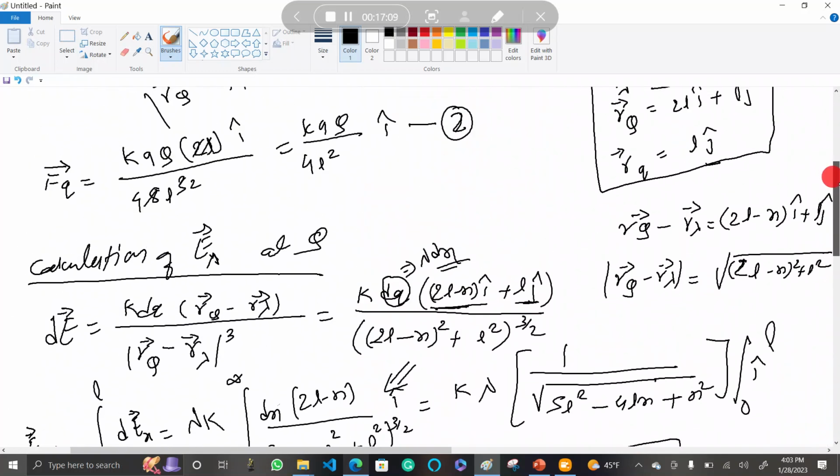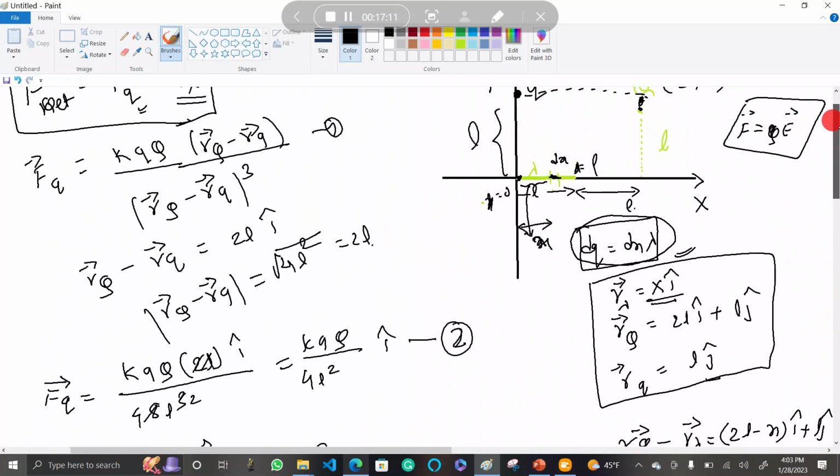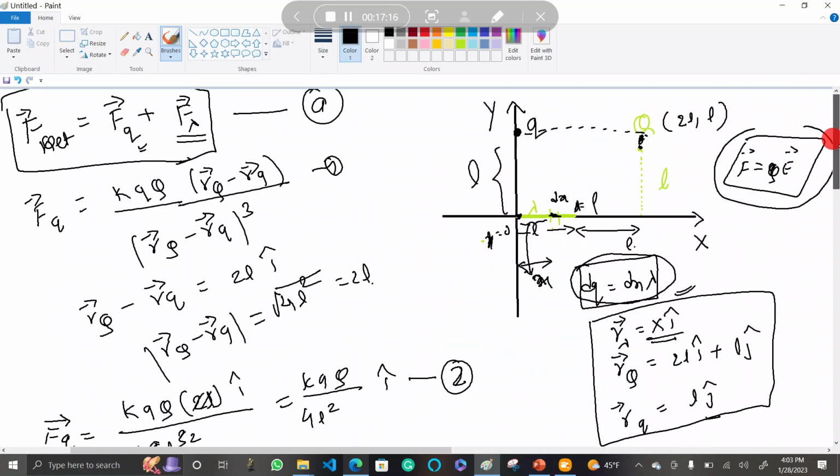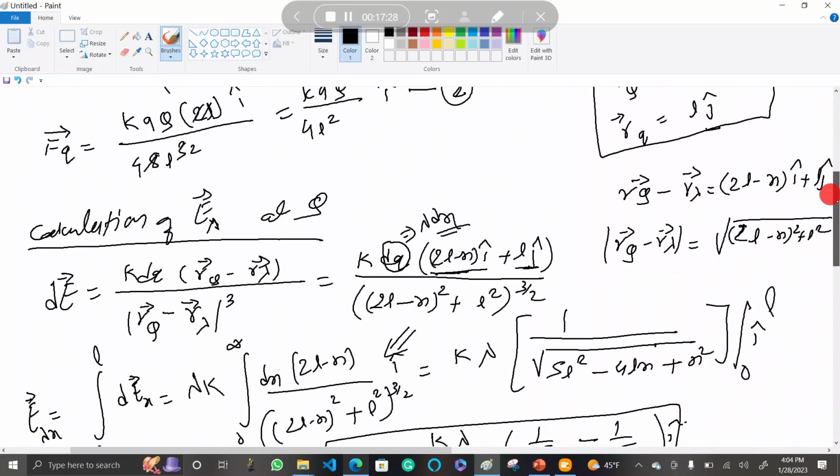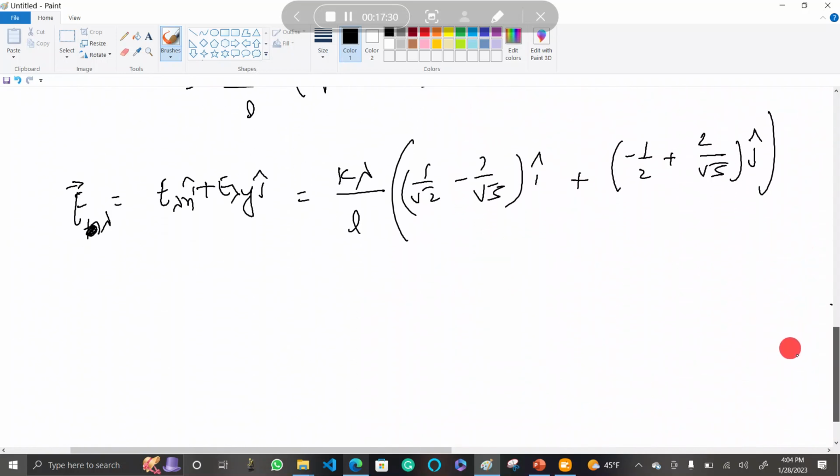If we go up, you can look here, how do I calculate the electric force on the charge? The force is Q into the electric field. I have a charge here, and a line charge here, which gives some electric field at that point, and that electric field pushes the charge, so we need to calculate that contribution to the total force.